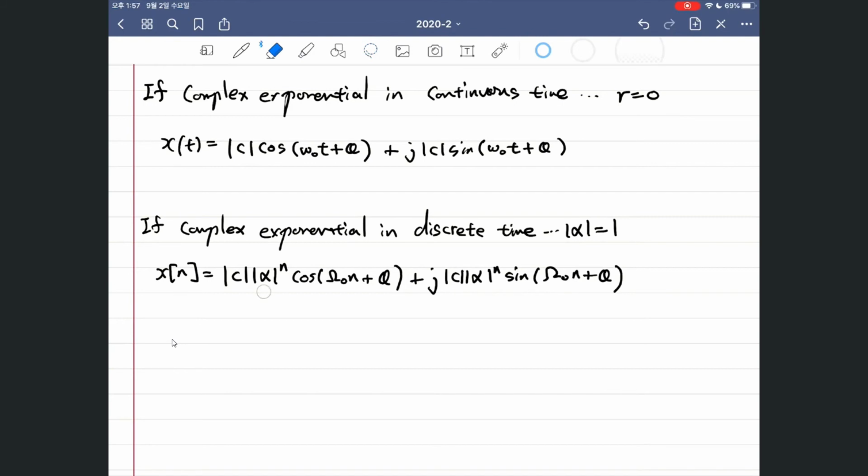Obviously this term gets cancelled and this term also gets cancelled because 1 to the n equals 1 no matter what value n is. So we once again move these terms to the left and then we can get this equation.